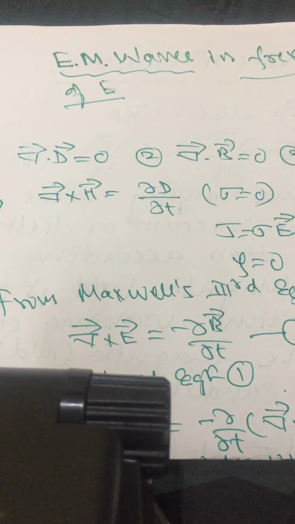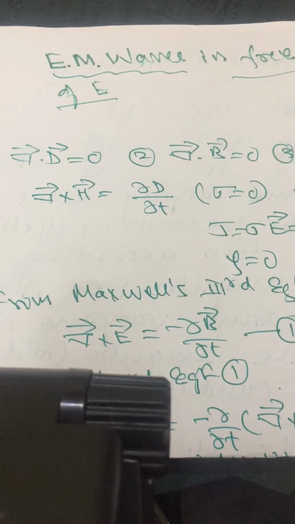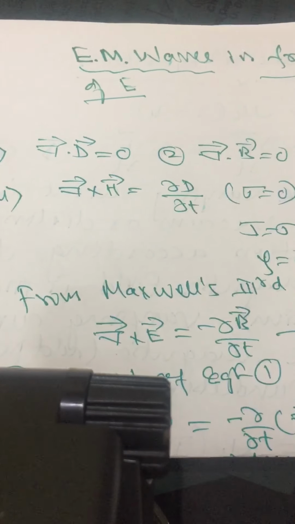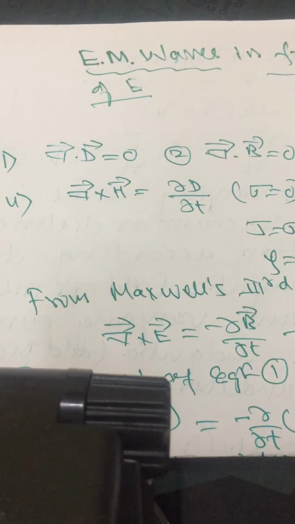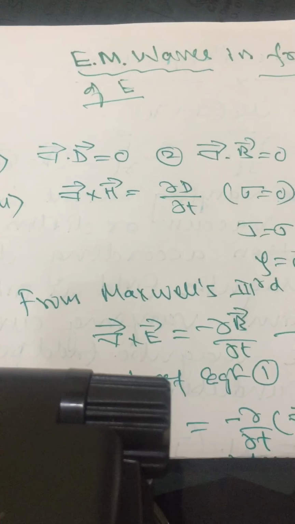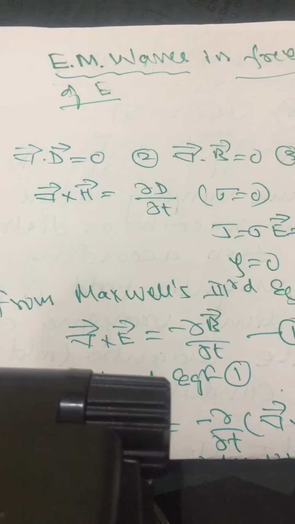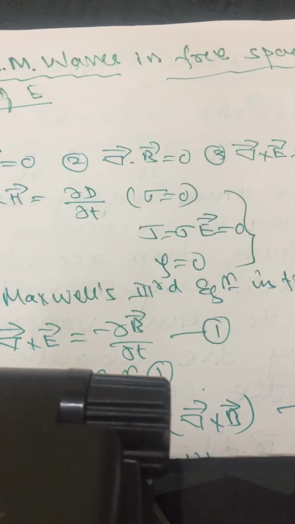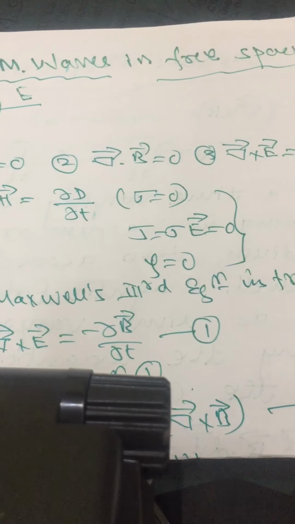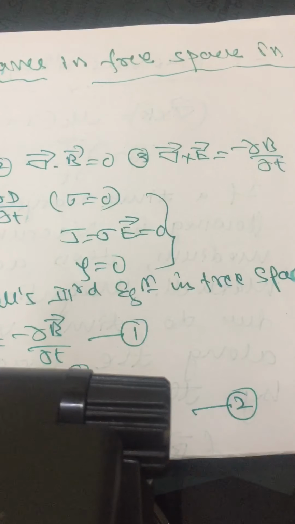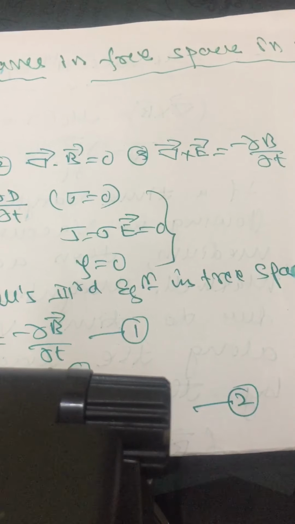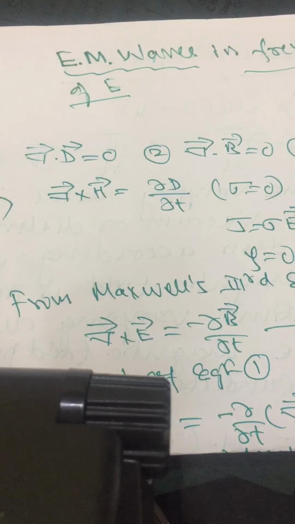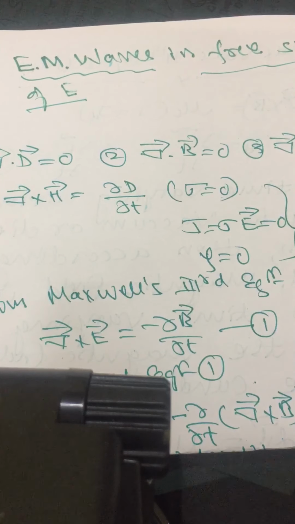Suppose EM waves are passing through free space, then what happens to Maxwell's four equations? The conditions are: del dot D is 0, meaning rho, the volume charge density, is 0; second, del dot B is 0; del cross E is equal to minus dou B by dou t; and the fourth equation, del cross H, is equal to dou D by dou t.